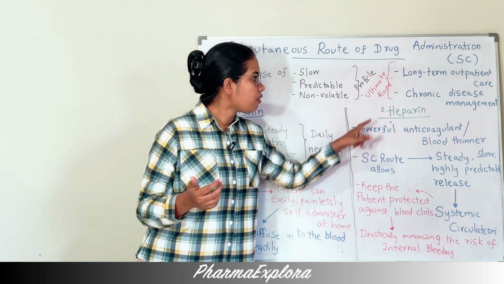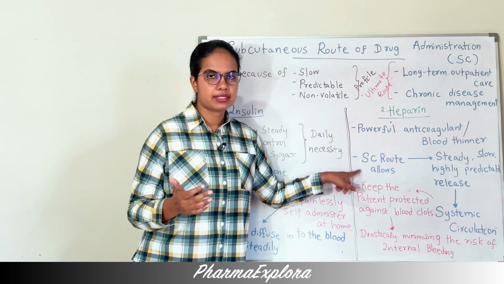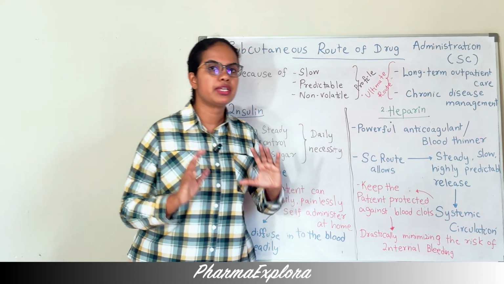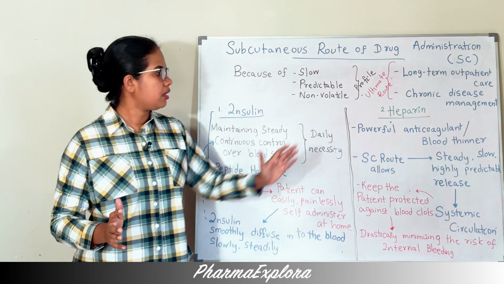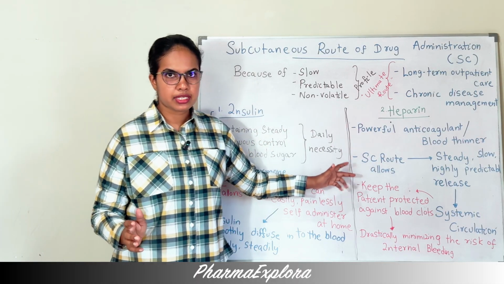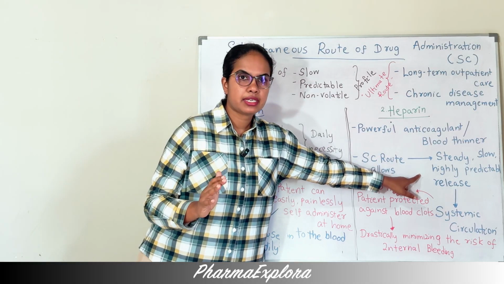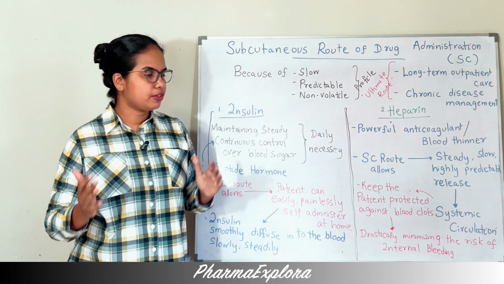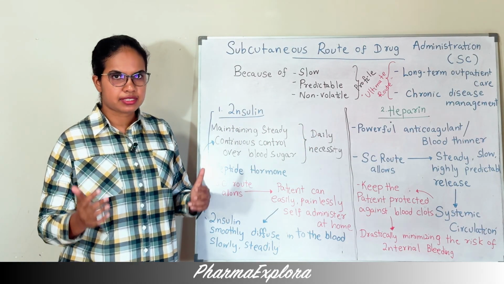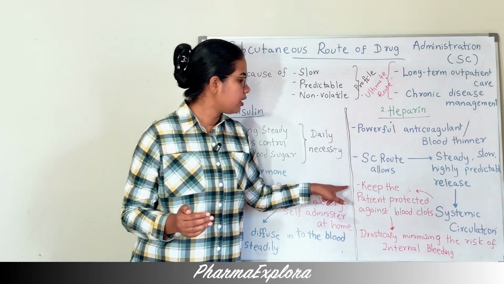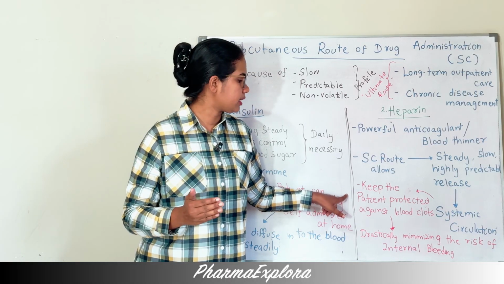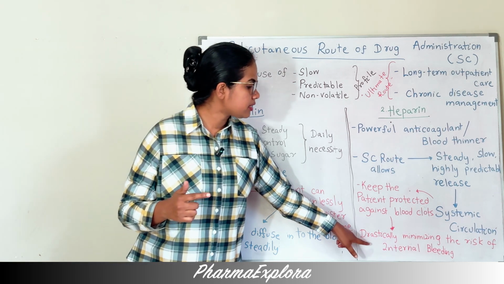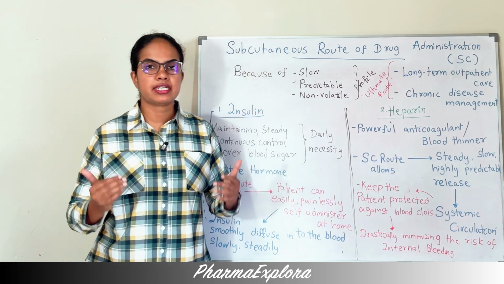Once you give heparin subcutaneously, it allows a steady, slow, highly predictable release of heparin into the bloodstream, or the systemic circulation. This keeps the patient protected against blood clots while drastically minimizing the risk of internal bleeding.